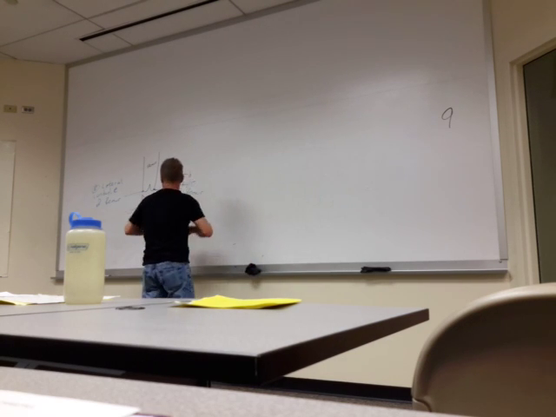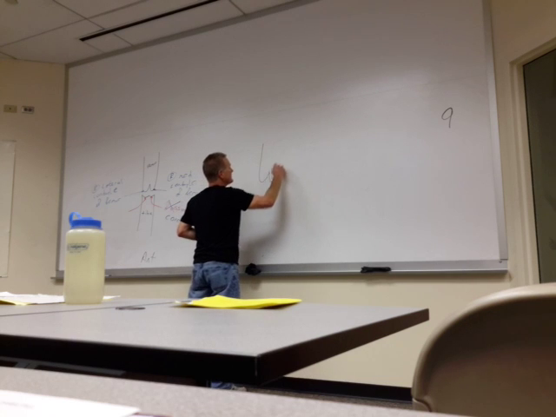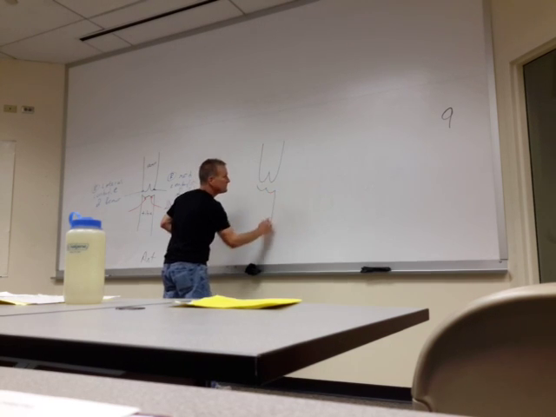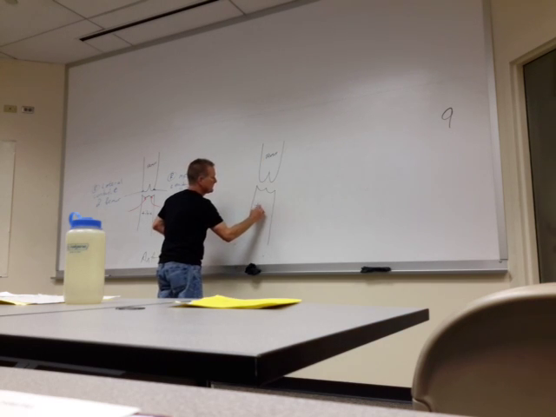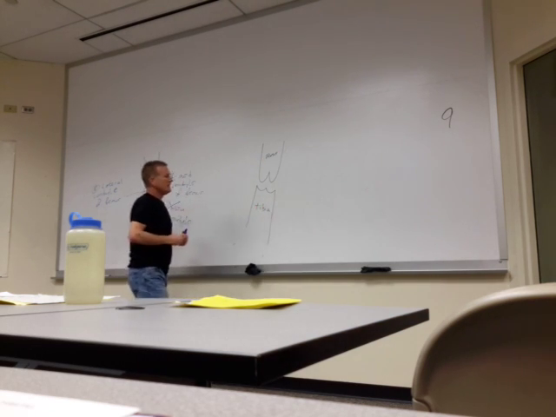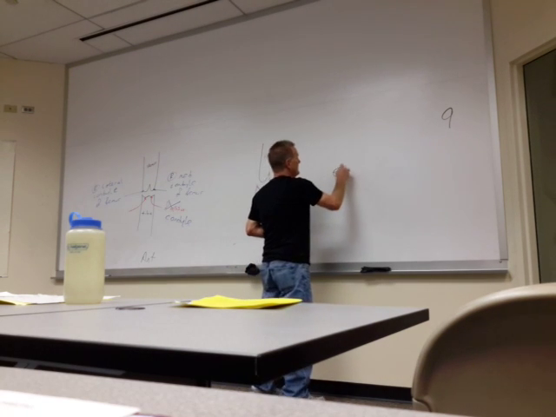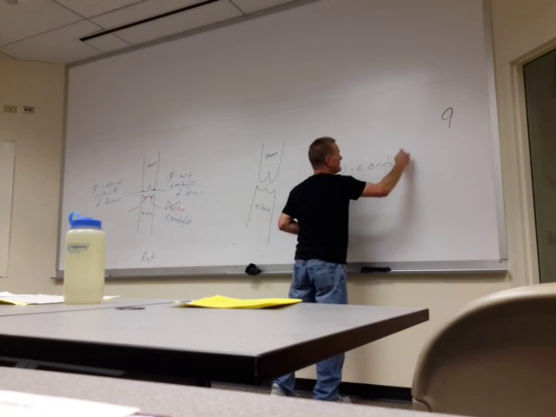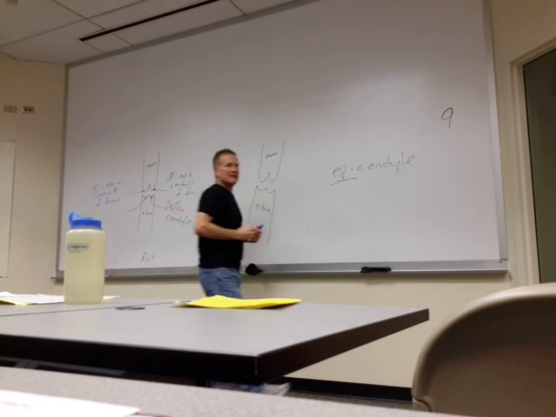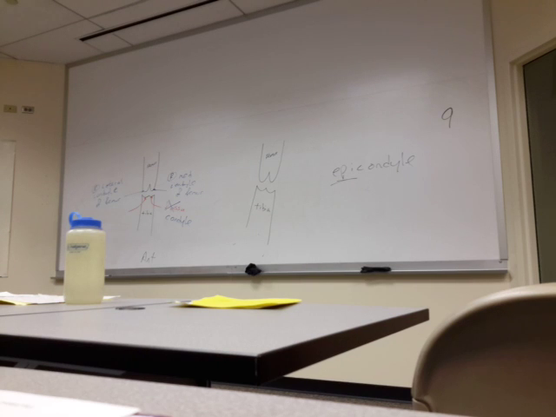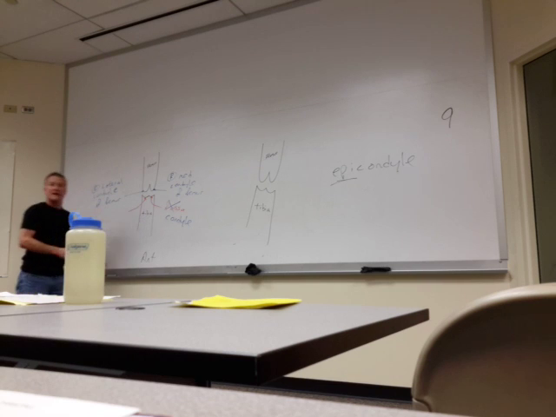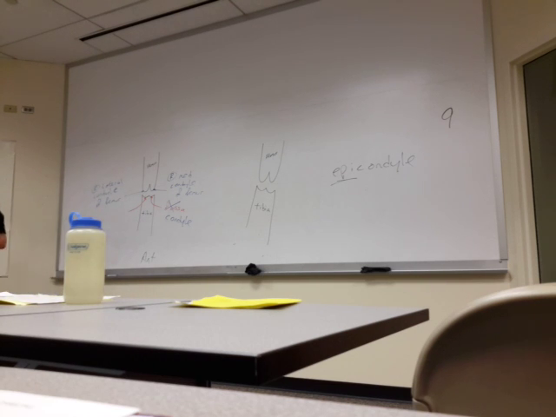Now, as we continue, we'll put another picture just like that up here. What's epi mean? Above? Exactly. Epi means above. And I've said that epicondyles are where ligaments attach to hold bones together.